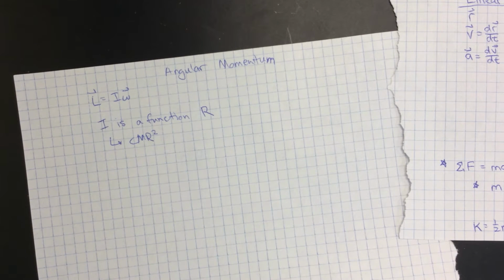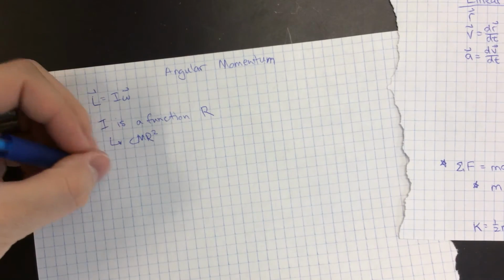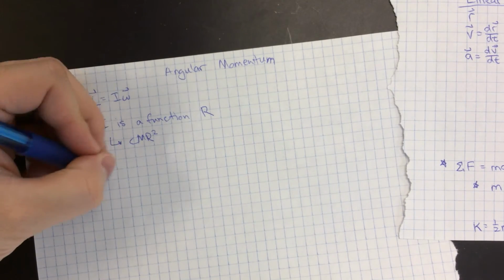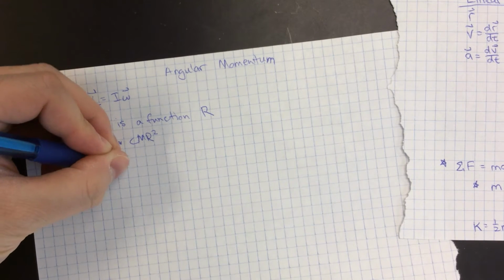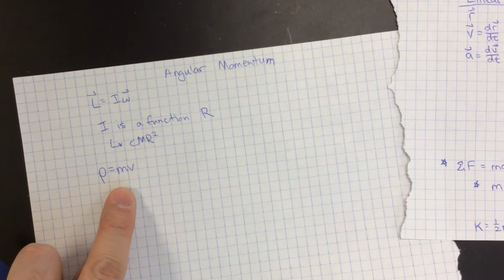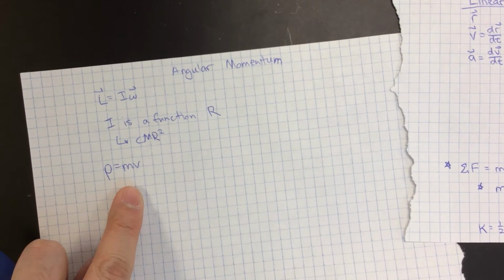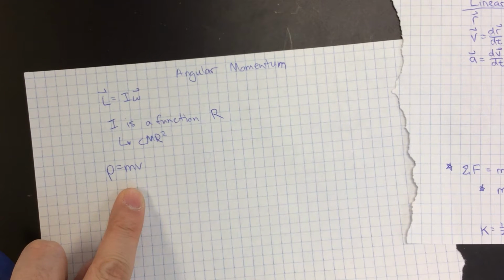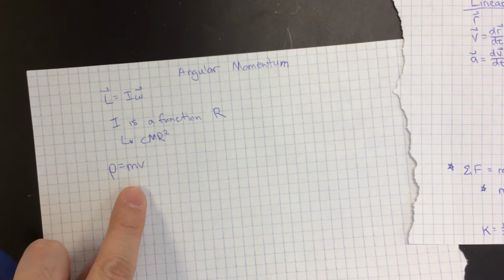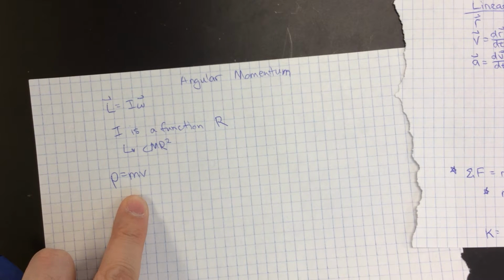Let's look at a linear case first, and then we'll draw parallels. P equals mv. This means that, you know how in some movies in space or on a boat, they're like, oh, we're not going fast enough, we need to drop cargo so we can go faster, right?